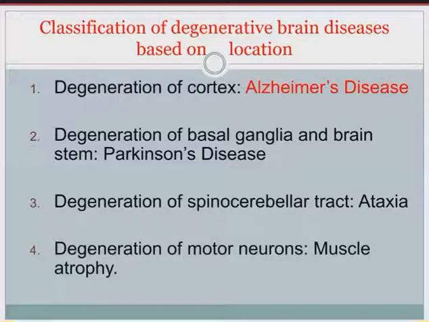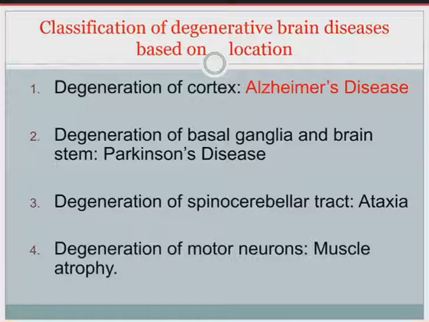Ataxia is the loss of coordination of voluntary movement, so the patient has problems walking, in speech, and even in swallowing. Actually, ataxia is the loss of muscle control.